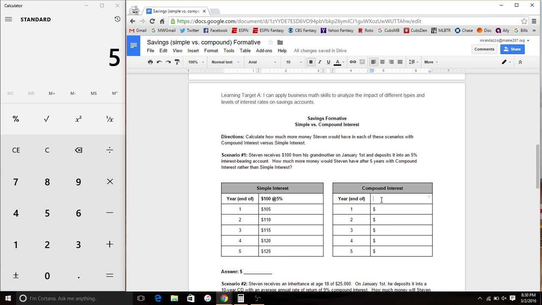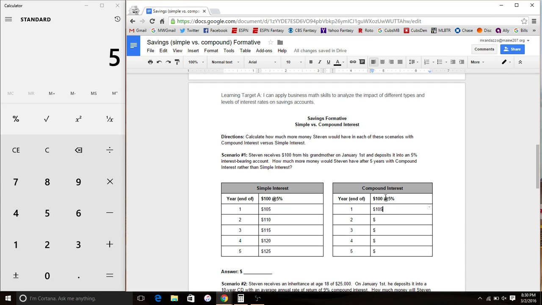Okay, now this part, we're 100 at 5% again. All right, so now, same thing. After year one, you're just going to do 5% of 100. We already know that's 5. So after year one, we have $105. Here's where it changes. In simple interest, we went back and we just did 5% of 100 again.